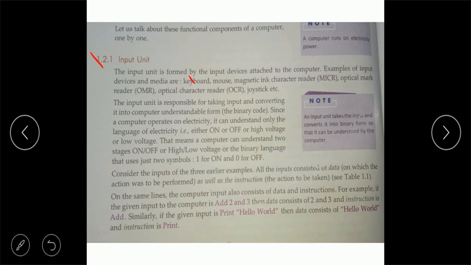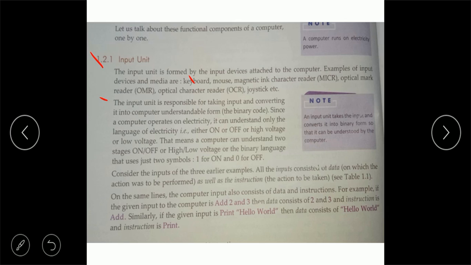and the input unit is responsible for receiving the input and converting it into computer understandable form, that is the binary code. Computer understandable form is only binary code, because every computer understands only two digits, binary digits 0 and 1. How?